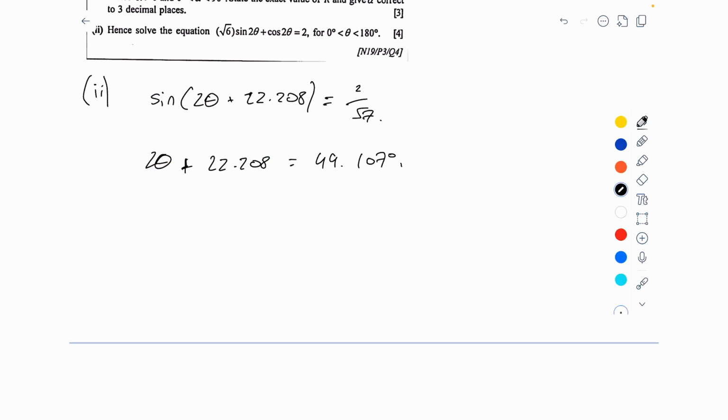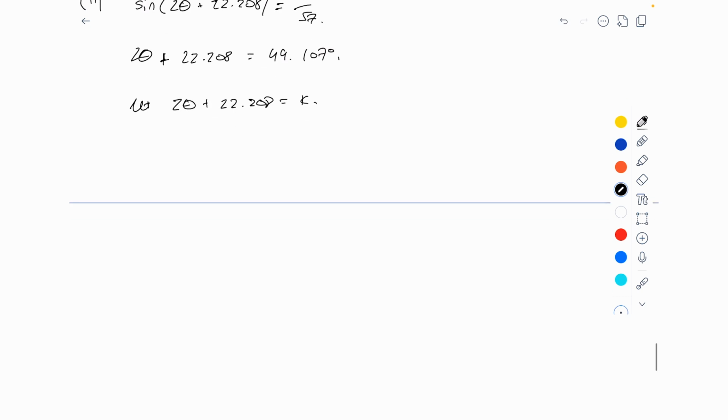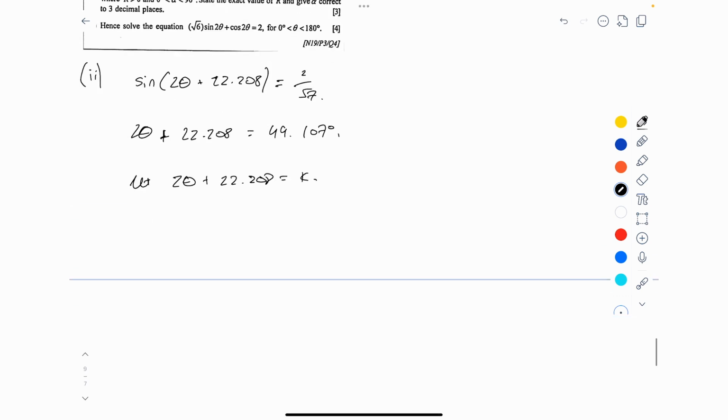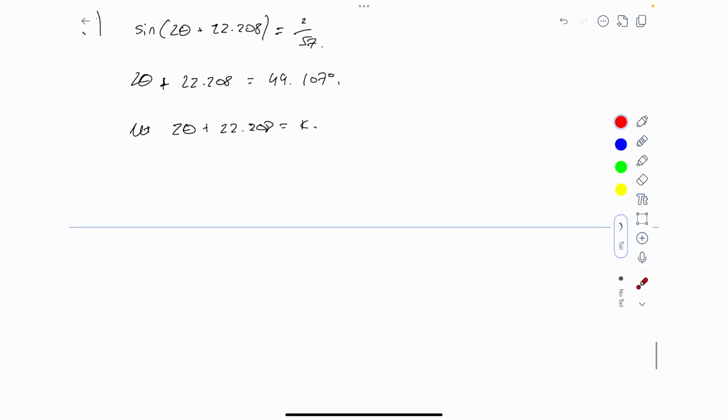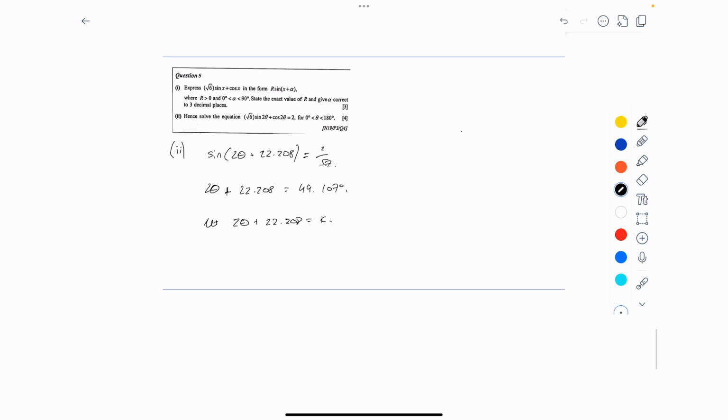I'm going to set this equal to k. So let 2 theta plus 22.08 equal k. Now, this is an interesting one because we're working with sine again, right? So cast diagram, and we draw our reference triangles. So we've got k here, right?